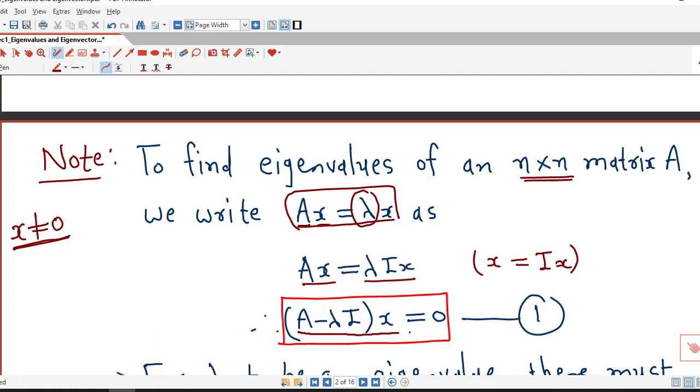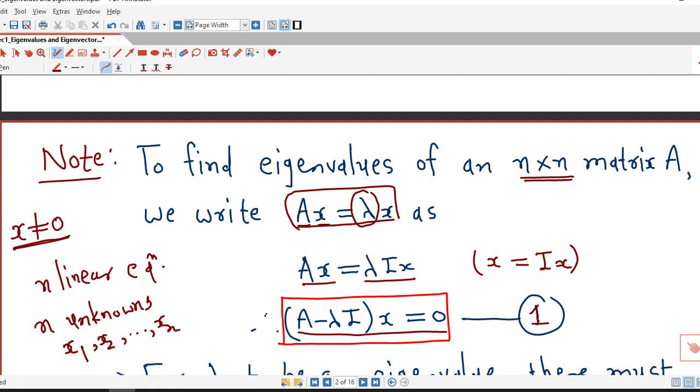Now this equation 1 represents a system of n linear equations in n unknowns, because A is a square matrix of order n, so A minus lambda I is also a square matrix of order n, and if x has components x1, x2, up to xn, then this system 1 represents a system of n linear equations in n variables.